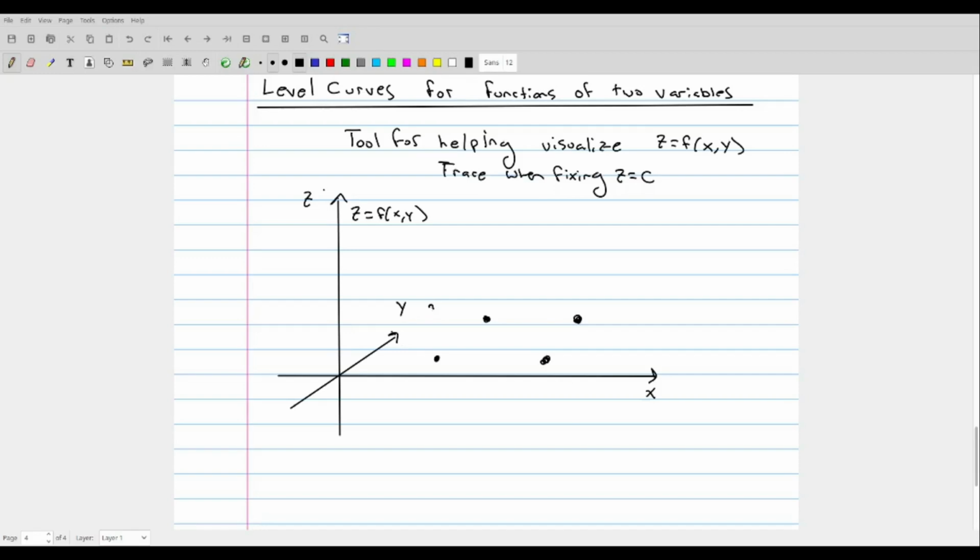So the value of the function might be this value, this value, this value, and this value at the corner points. Maybe the function looks like this. Okay, this is our surface z equals f of x, y.